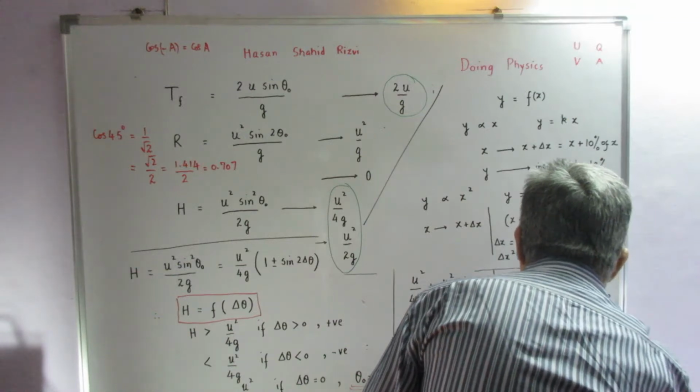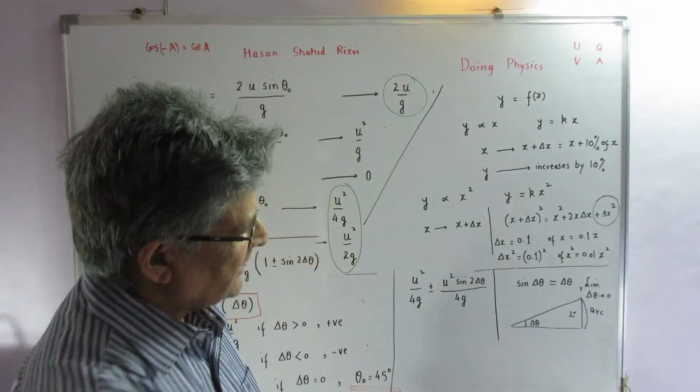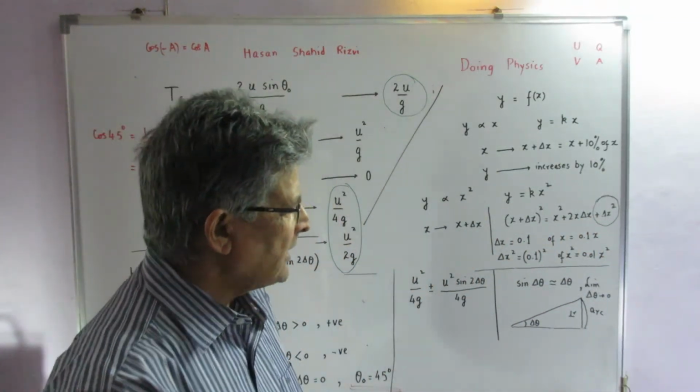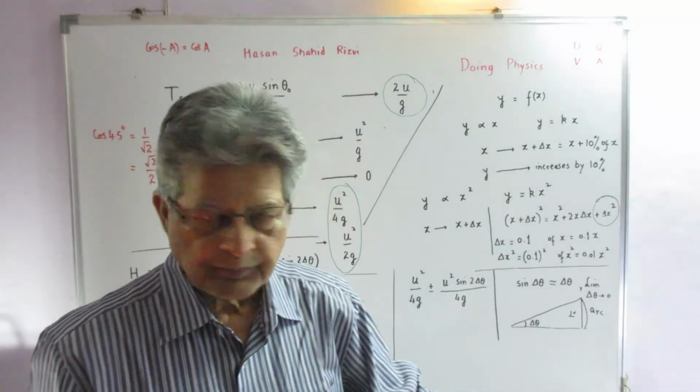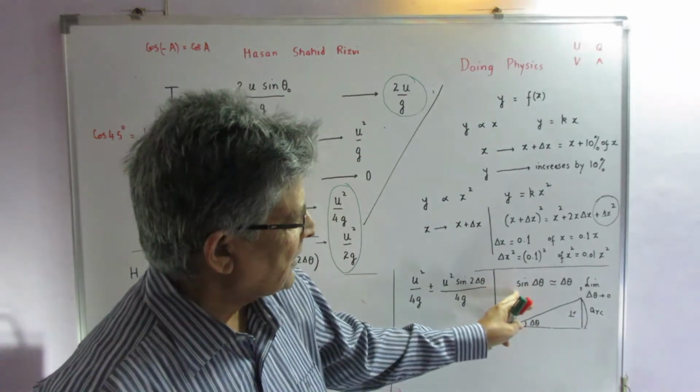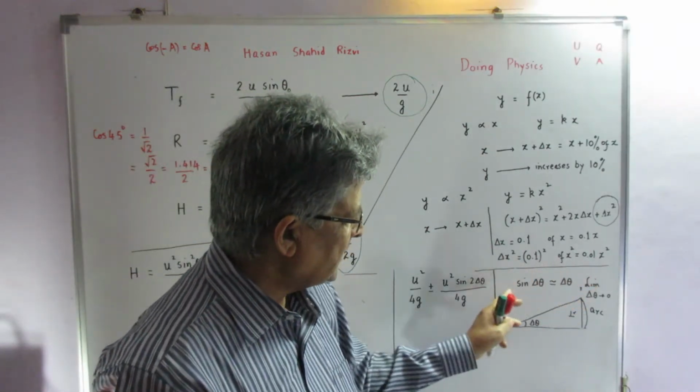So when delta theta tends to 0, the arc and the chord, the perpendicular, become one and the same, and therefore we can write that sine of delta theta is equal to delta theta.